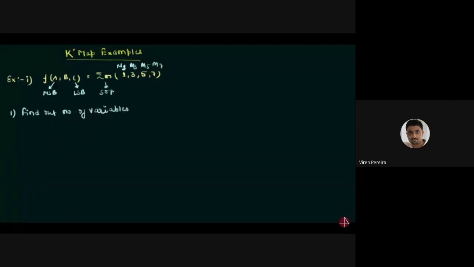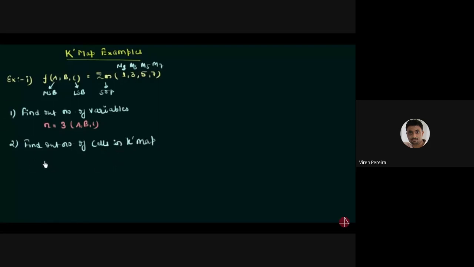In our case we have 3 variables, so small n is equal to 3, which are A, B, C. Now the second thing is to find out the number of cells in the K-map. And how are we going to find it?